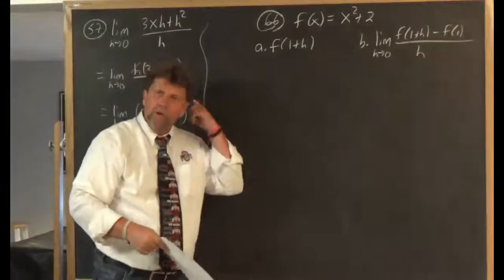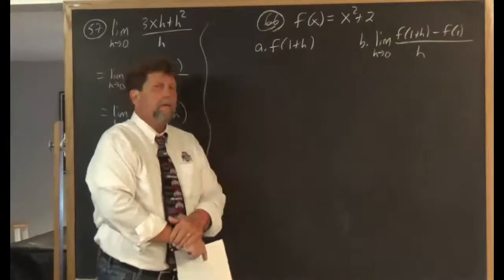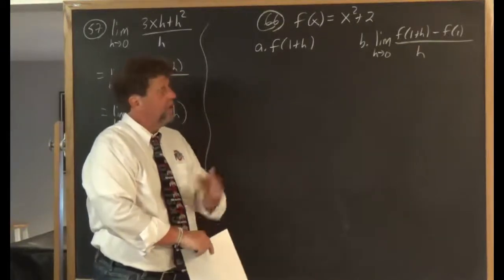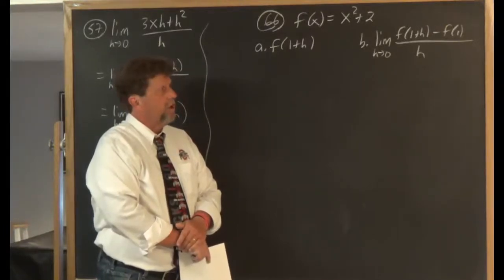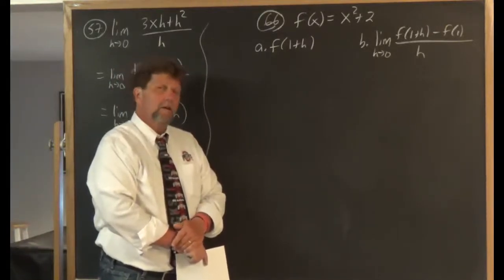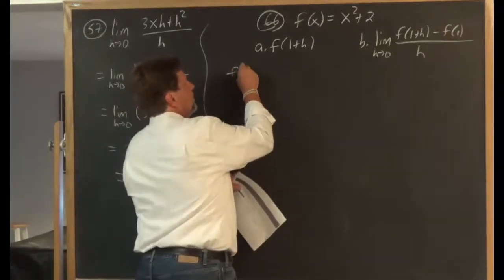Okay, 66, there were two parts. You were given the function x squared plus 2. Part A, you were asked to find the f of 1 plus h. Part B, the limit as h approaches 0 of f of 1 plus h minus f of 1 all over h. So here we go, f of 1 plus h.